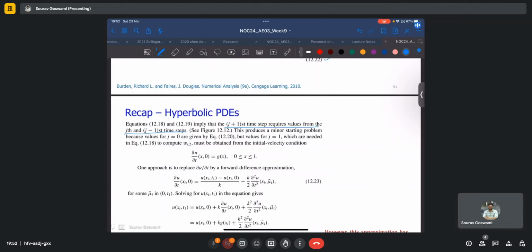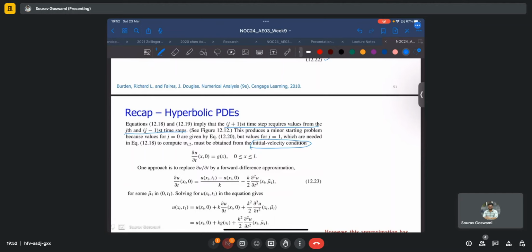This produces a minor starting problem, because values for j equal to 0 can be obtained directly, but values for j equal to 1 must be obtained from the initial velocity conditions. There are many ways to do this.